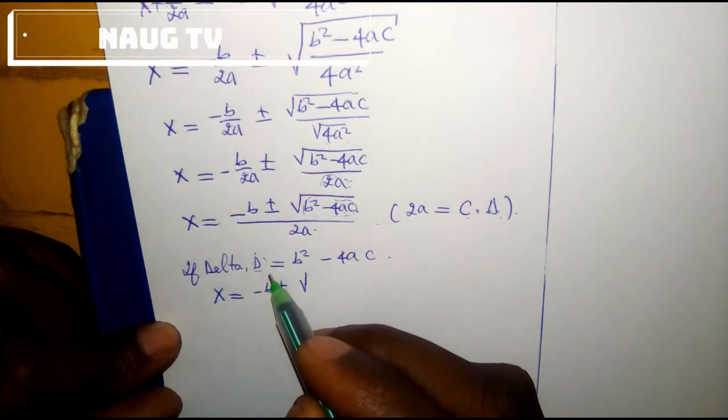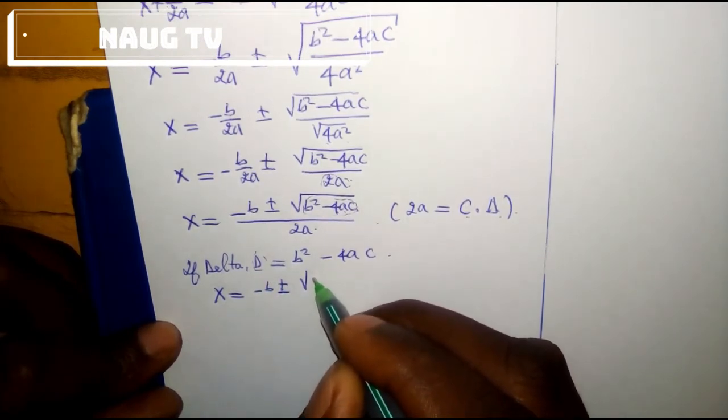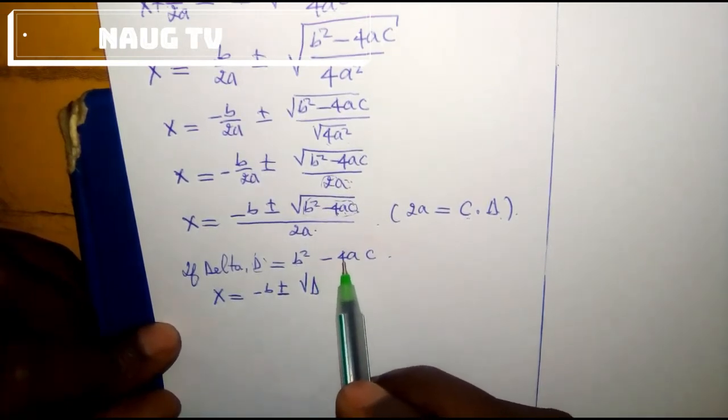So at this point we would write d, because d is equal to b squared negative 4ac.